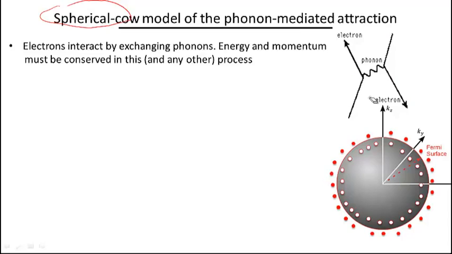In any process like this, we must satisfy basic conservation laws. In particular, we must ensure that both energy and momentum are conserved. Therefore, what's important in understanding the structure of this interaction is the typical energies involved in such processes. We already discussed the typical energy of the electrons in the metal.